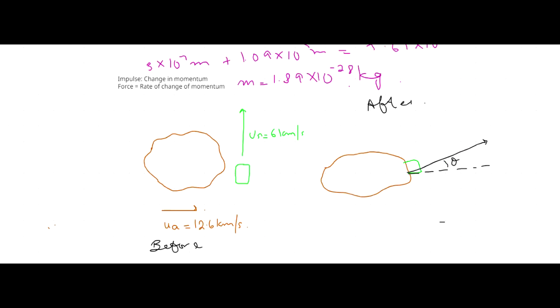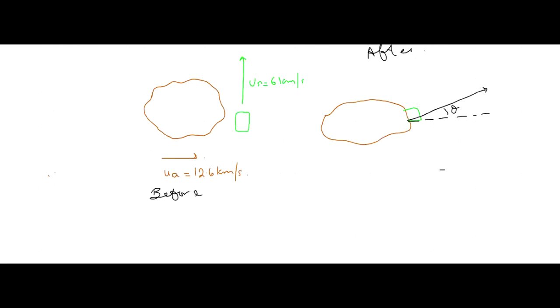Now, let's see if you and I can figure out exactly what is going to happen. We need to know the final velocity, which we are unaware of, and we're also not aware of what the final collision is. Okay, so there are two types of questions that you're going to see.